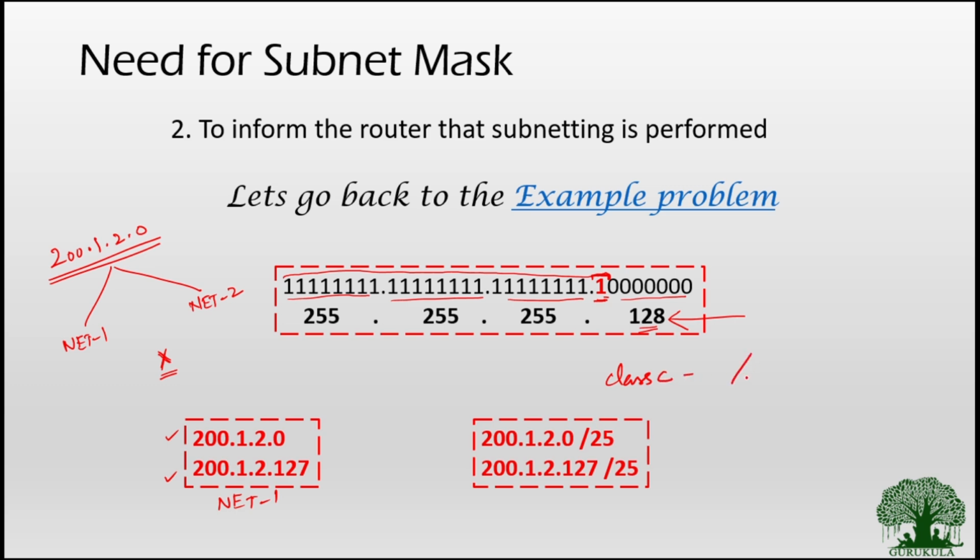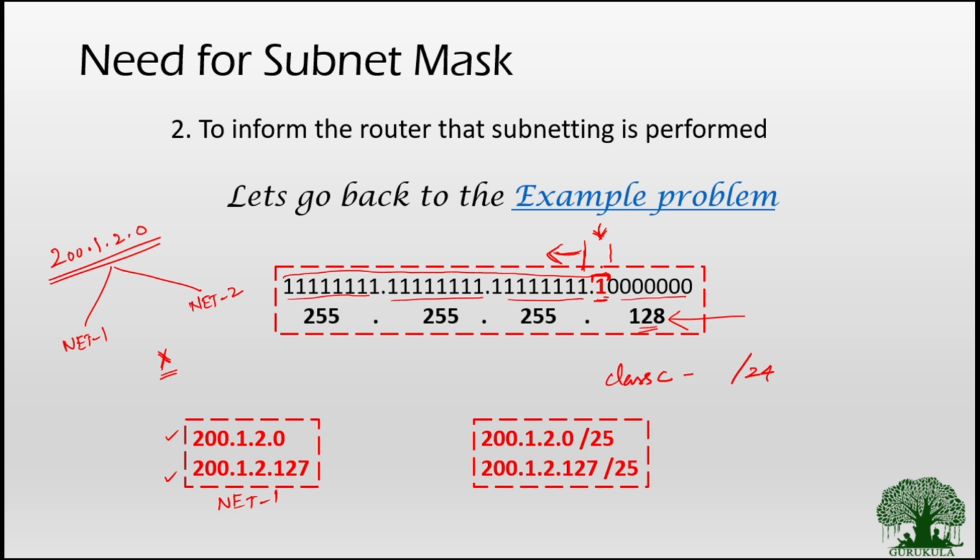And you can very well see that there is a /n representation. Generally for class C, the /n representation will be 24, which means that 24 bits are allocated for representing the network. But here we are subnetting the given address space, so these 24 bits we are not altering.